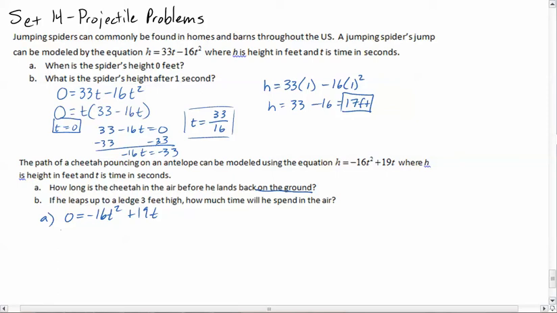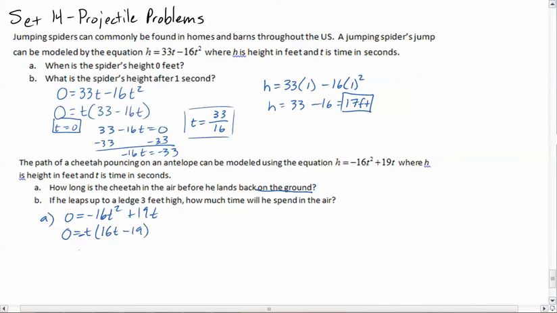And so, of course, we look for the common factor, which again is t. This is going to be very similar to last time. If you want, you can take out a negative t. In fact, I like taking out the negative t because I don't like having a negative leading coefficient. So I'm going to take out a negative t, which leaves me with 16t minus 19.